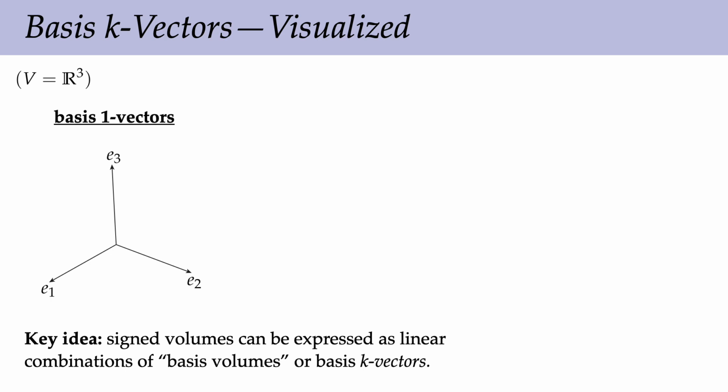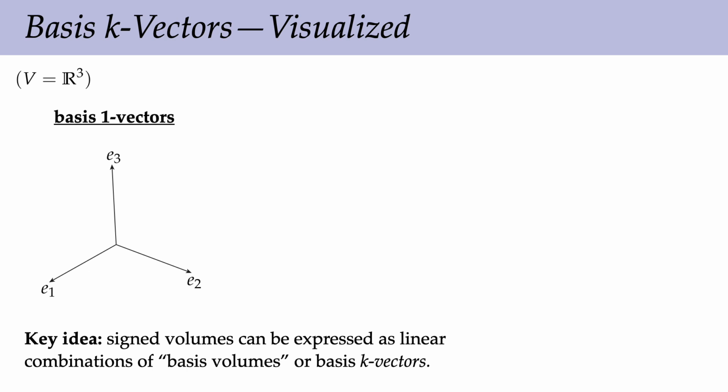Okay. What are our basis 2-vectors going to be? If I have basis 1-vectors, how might you think about constructing basis 2-vectors? Well, we actually only have one way of making 2-vectors, which is to wedge together 1-vectors.